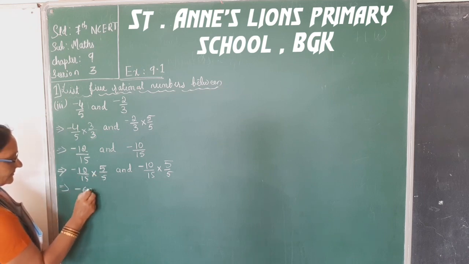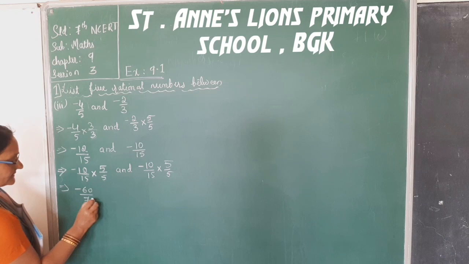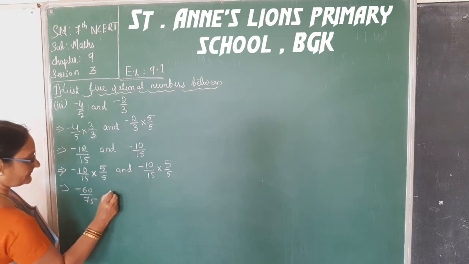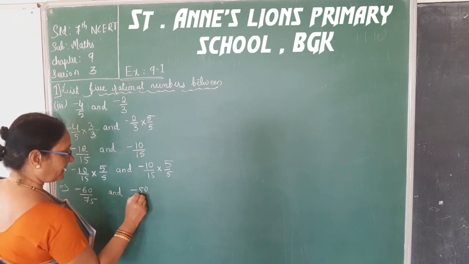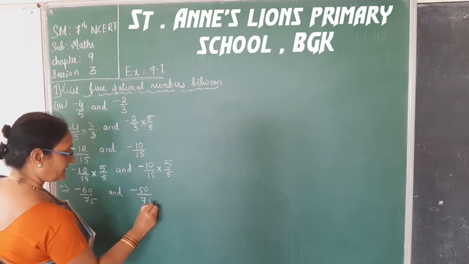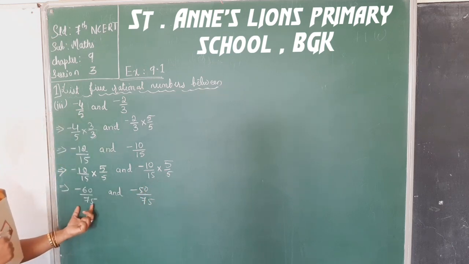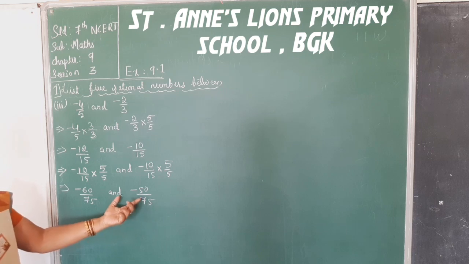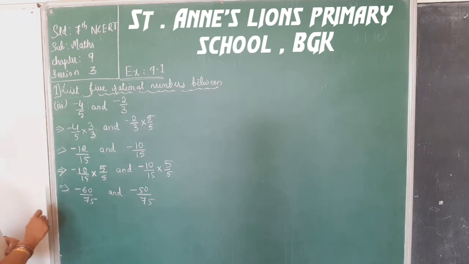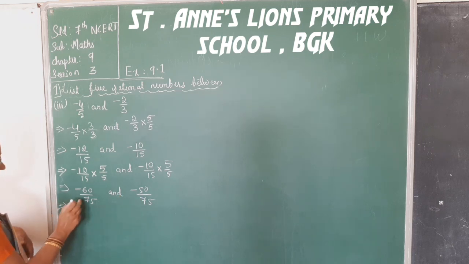Minus 60 by 75 and minus 50 by 75. See, nearly we get here 10 rational numbers. Okay, but we want 5 rational numbers, only those we can write here. So this indicates that this is nothing but minus 4 by 5.